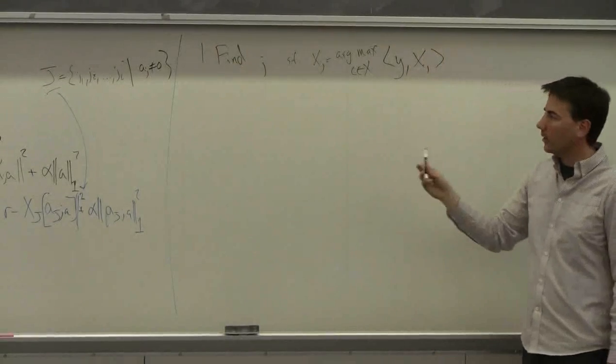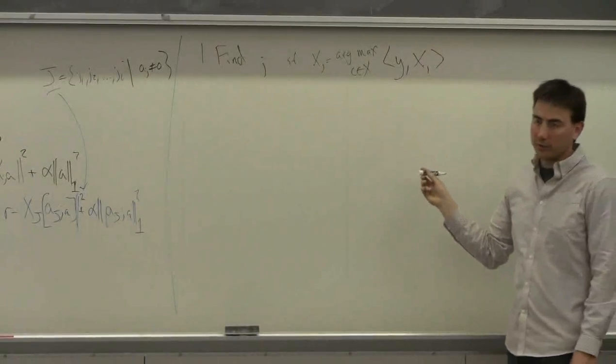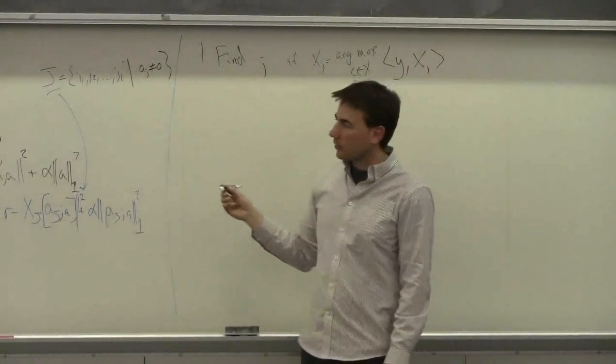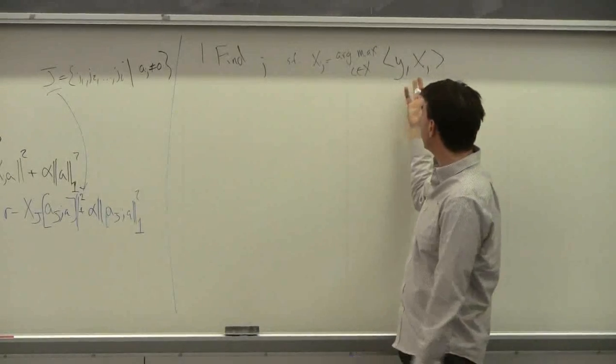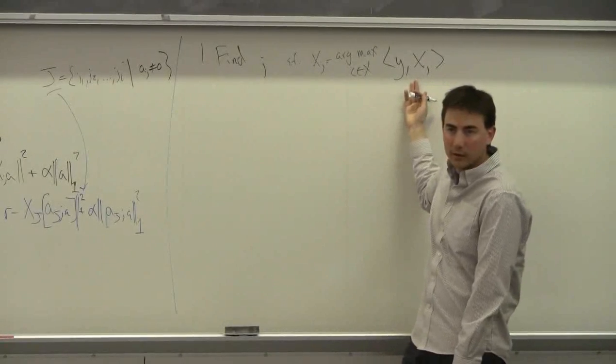Okay, so I'm finding this column, or this coordinate axis, which has the most explanatory power of y.